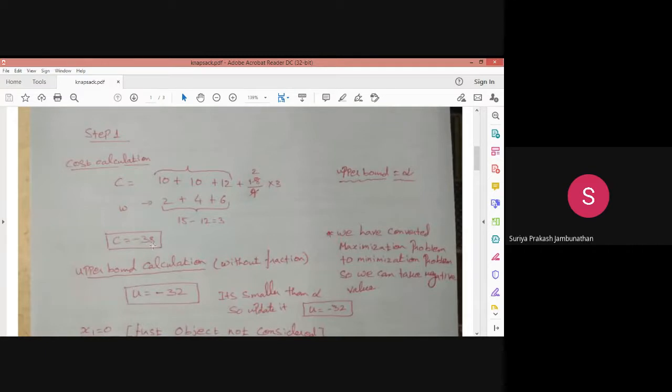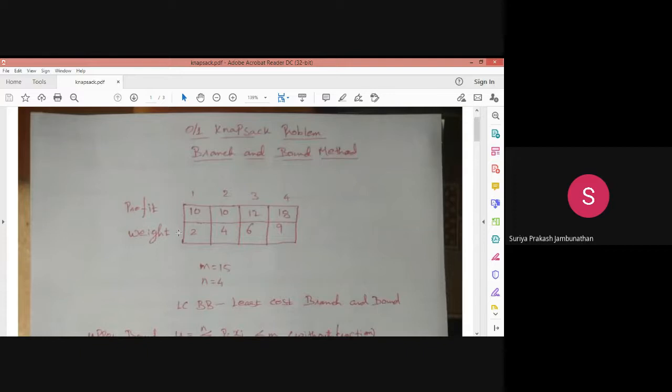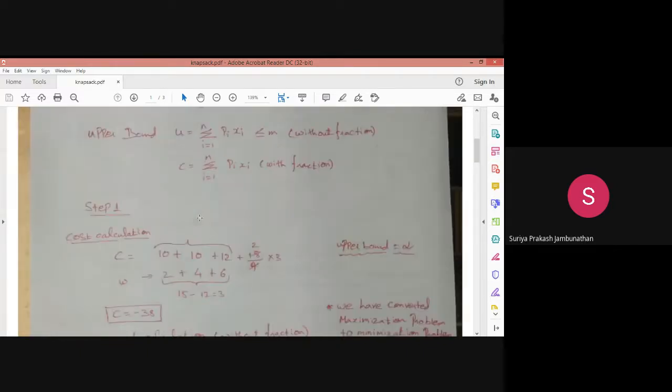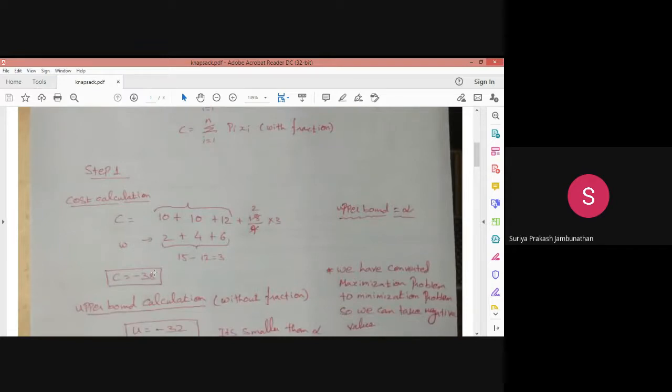As we are calculating the lower bound with least cost branch and bound, we have to put the answer as a negative value. So 10 plus 10 plus 12 is 32, plus 6 is 38. We put minus 38 for the cost.